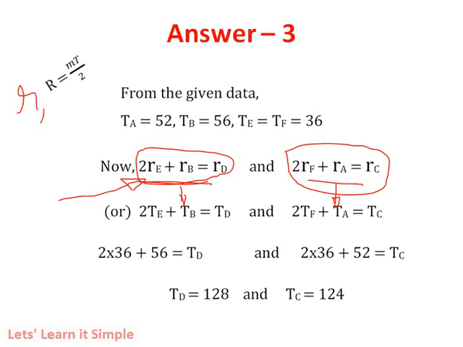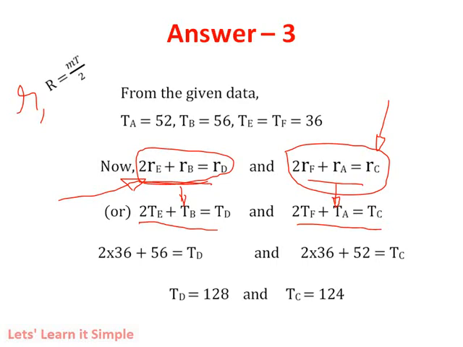If you cancel the common m by 2, this will become TD equals 2TE plus TB. Similarly, 2RF plus RA equal to RC is written in terms of number of teeth as 2TF plus TA, which is equal to TC.